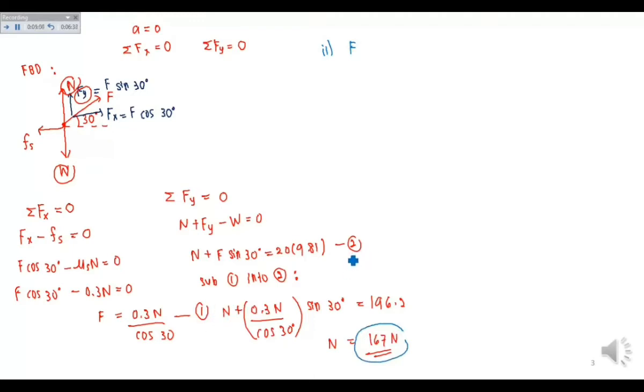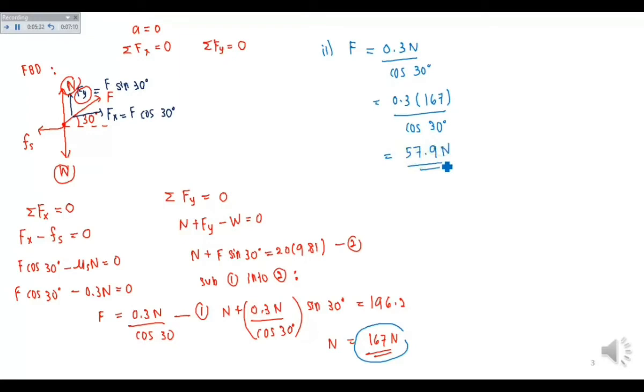Kita still akan dapat jawapan untuk F. So untuk mudah saya ambil equation yang pertama, F equals 0.3 N divided by cos 30, and the value of N that we have calculated in question 1 is 167. So we'll get the value of F equals 57.9 N.